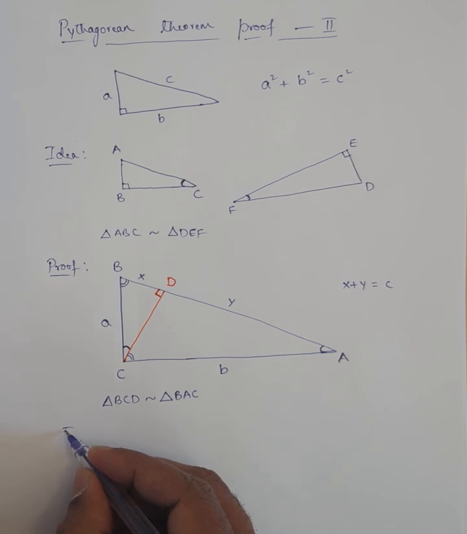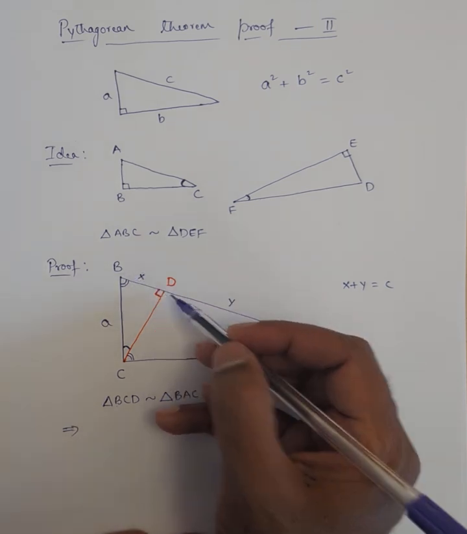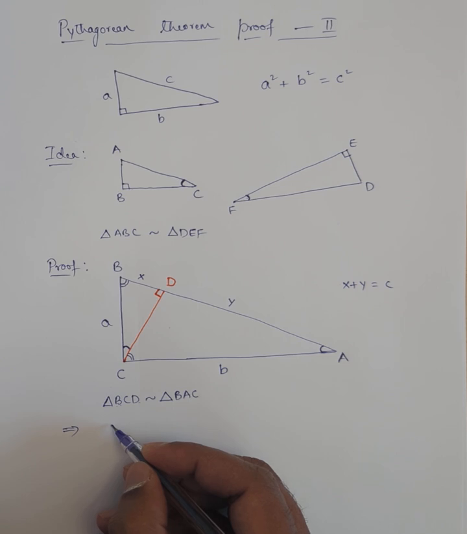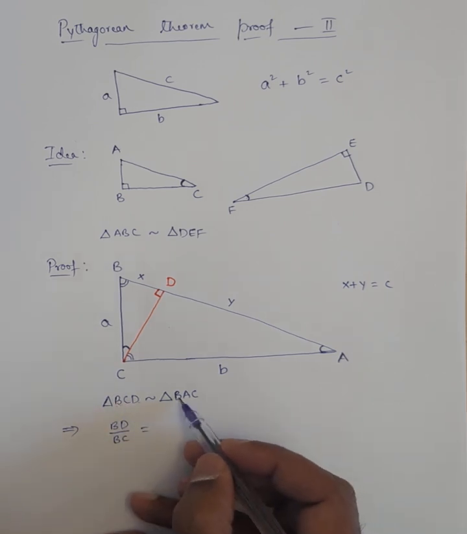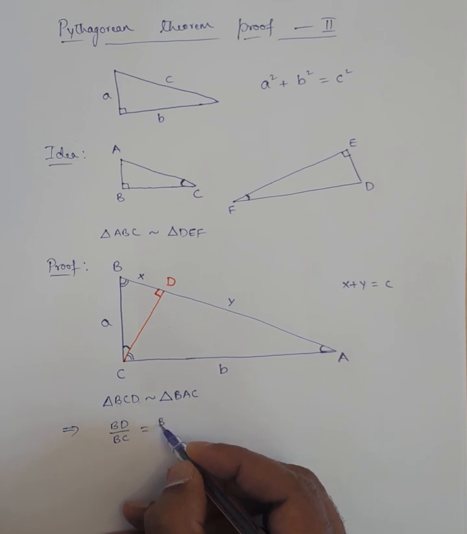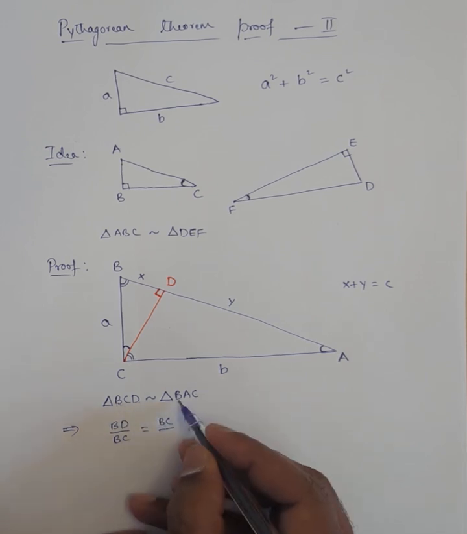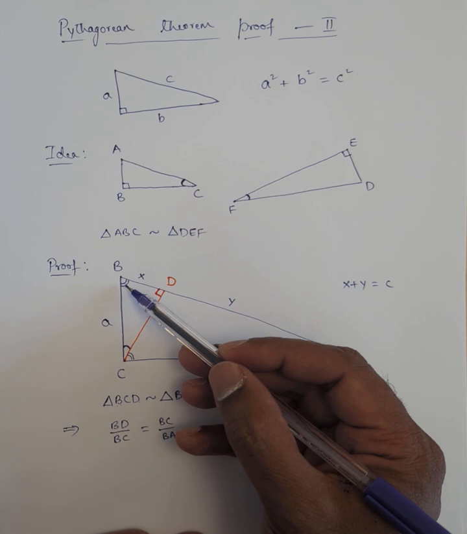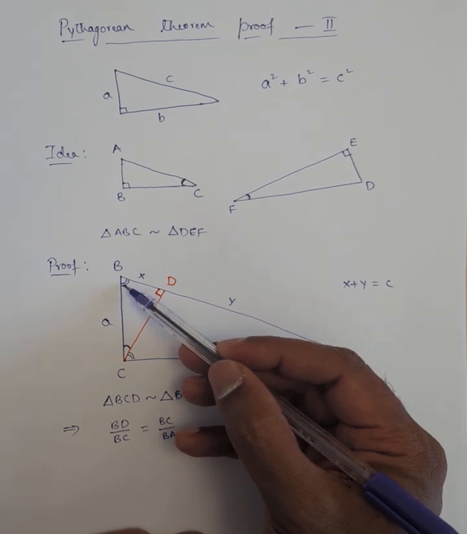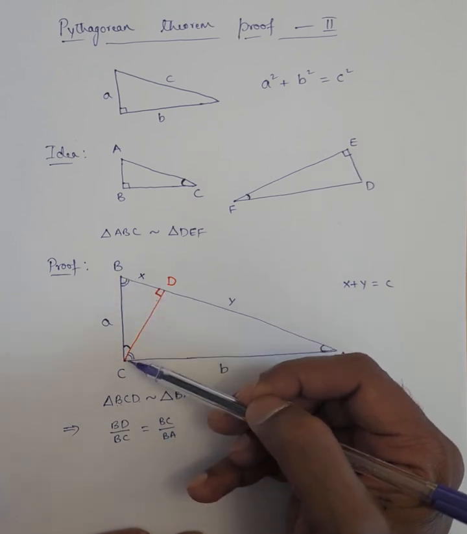Which means I can write down the ratio of BD. BD is the first and third letters over BC, the first and second letters. So this is going to be BC over BA. And those of you who know trigonometry, you can see this as the cosine of this double arc, x over a.